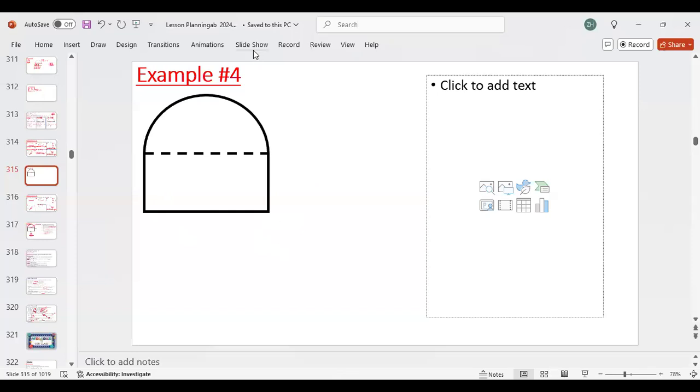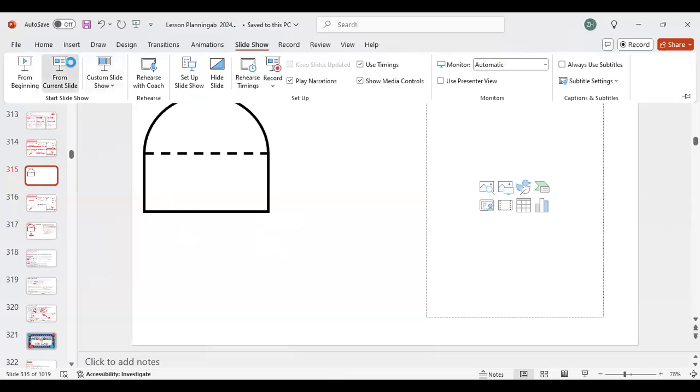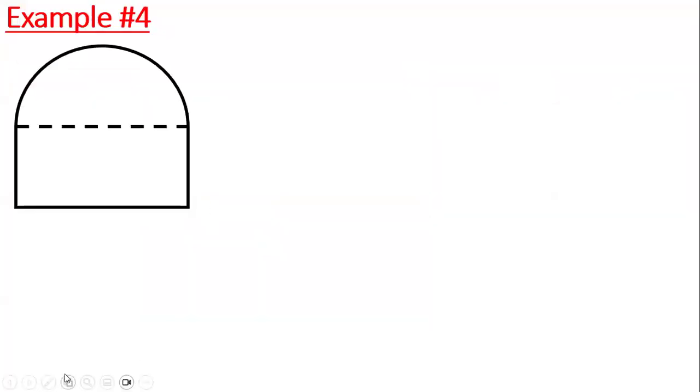So the first thing we have to do is identify what shapes we have. Let me make sure you're paying attention. What is this shape at the bottom? Rectangle. And what's the shape that's on top? A semicircle. Make sure you write this down.